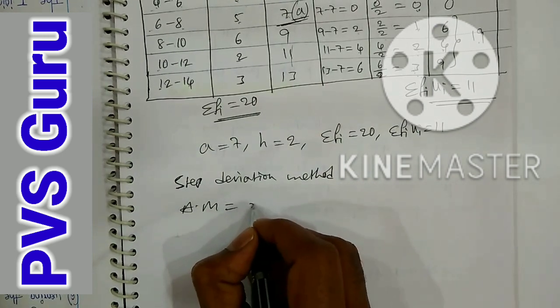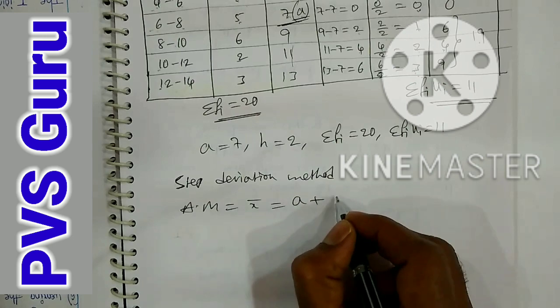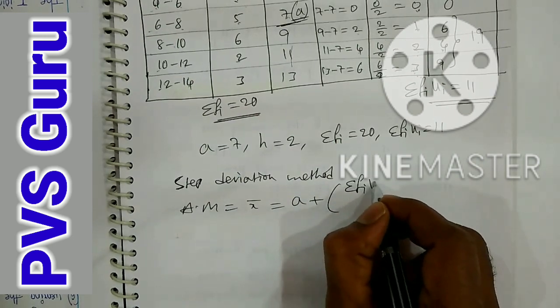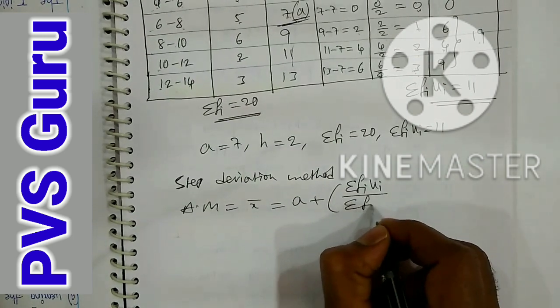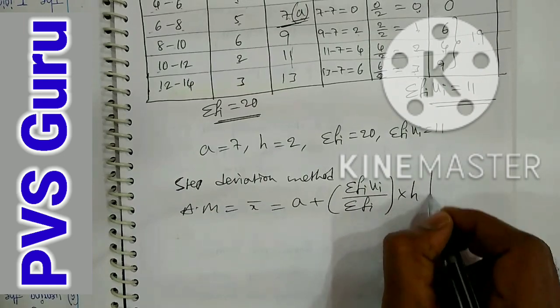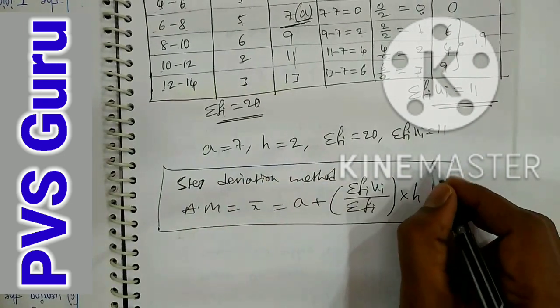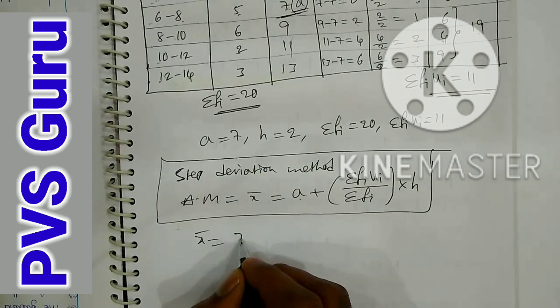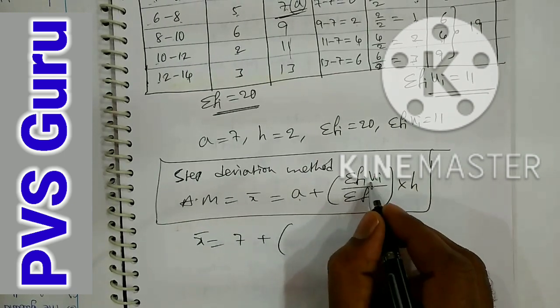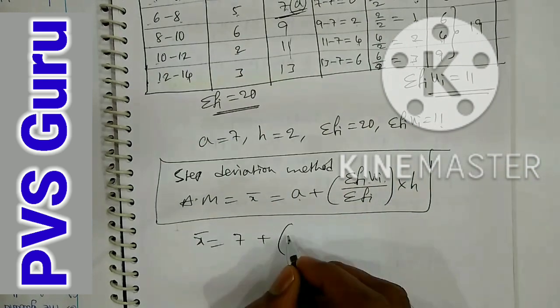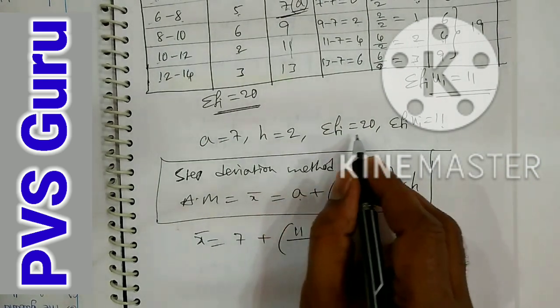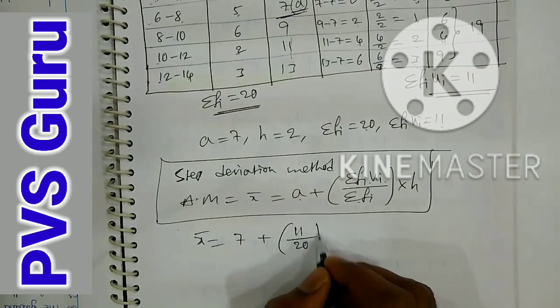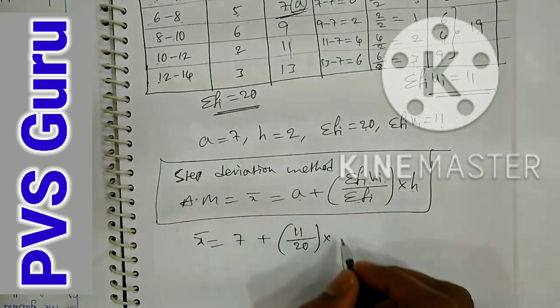So we have the formula for the step deviation method. Arithmetic mean x bar is equal to a plus sigma fi ui by sigma fi, into h. This is the formula for the third method, step deviation. So x bar is equal to a, which we know is 7, plus sigma fi ui which is 11, by sigma fi which is 20, into h value 2.